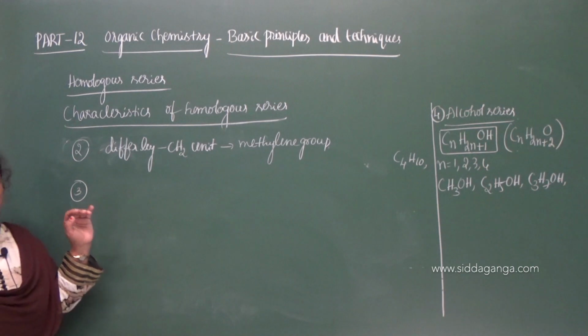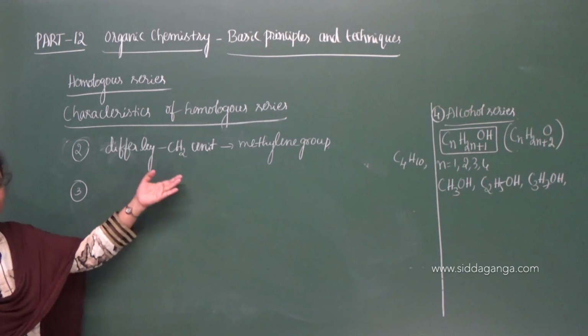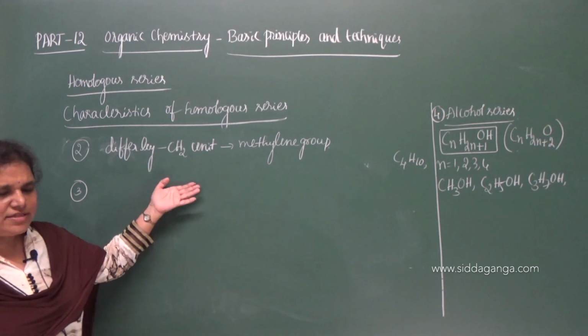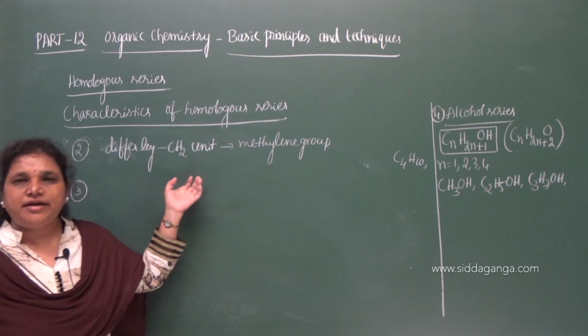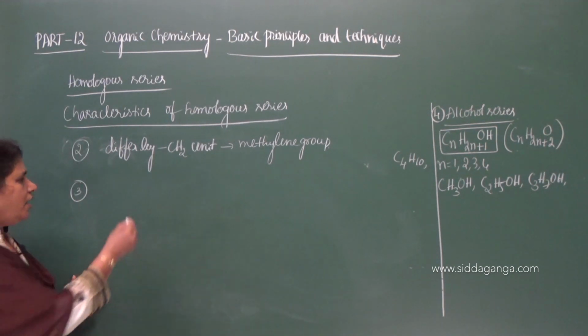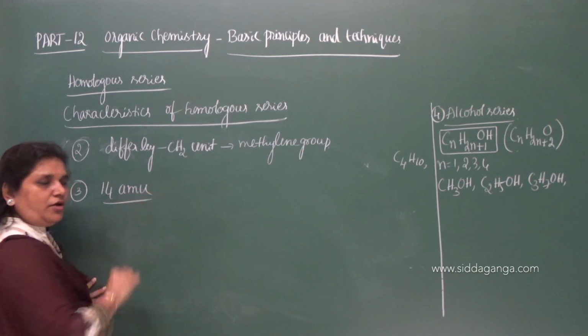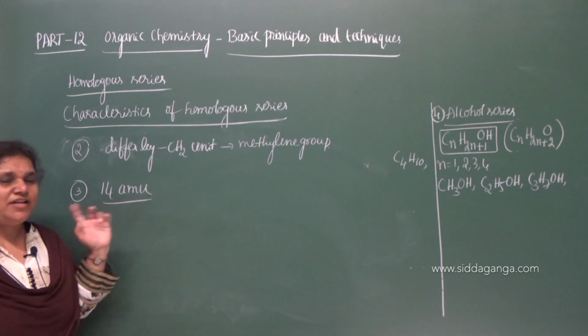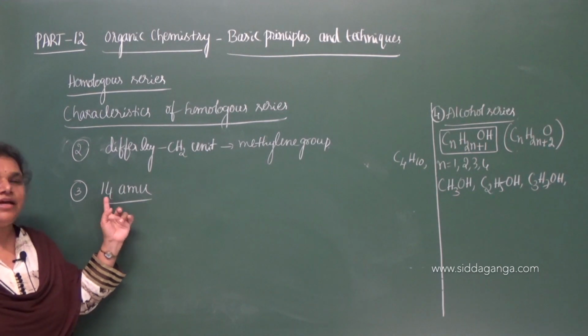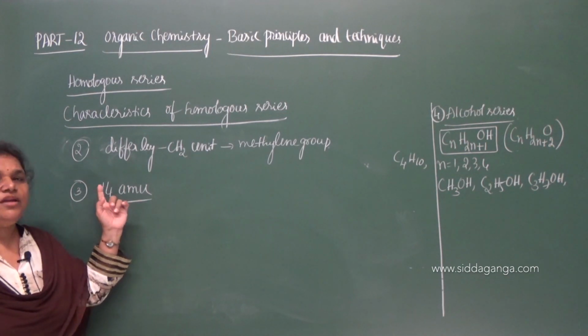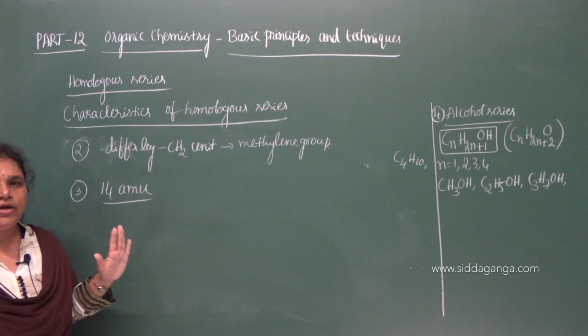Before going to the third property, let me give the fourth property here. Every successive member in a series differs by 14 atomic mass units in molecular mass.